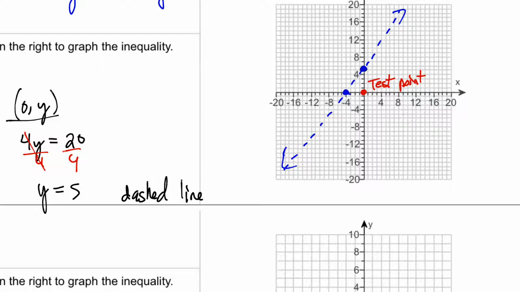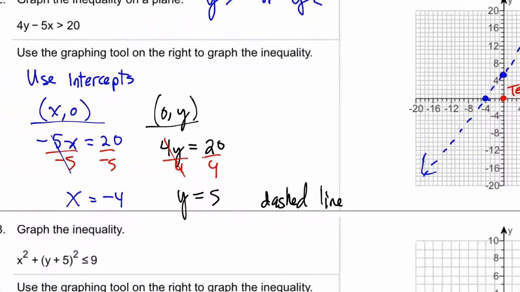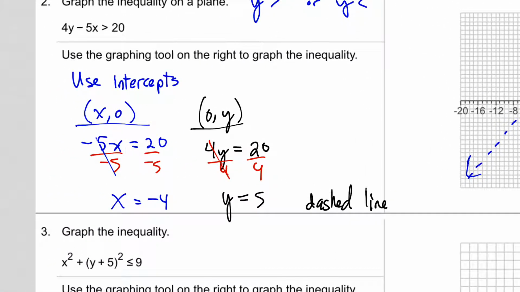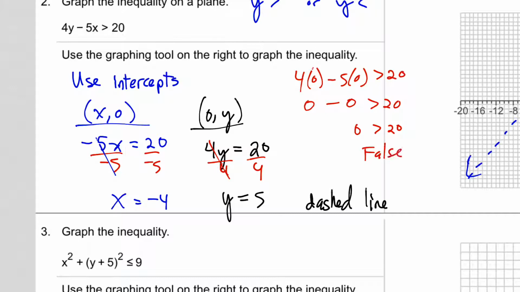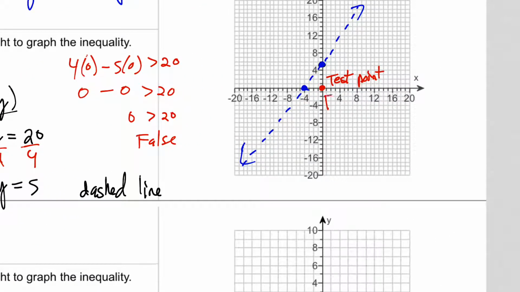So let's go ahead and plug it in. 4 times 0 minus 5 times 0, so it's 0 minus 0. So 0 is not greater than 20. This is false. Since the test point is false, that means true would be above the line. Any of the points up here would make this true, so we're going to shade above the line.